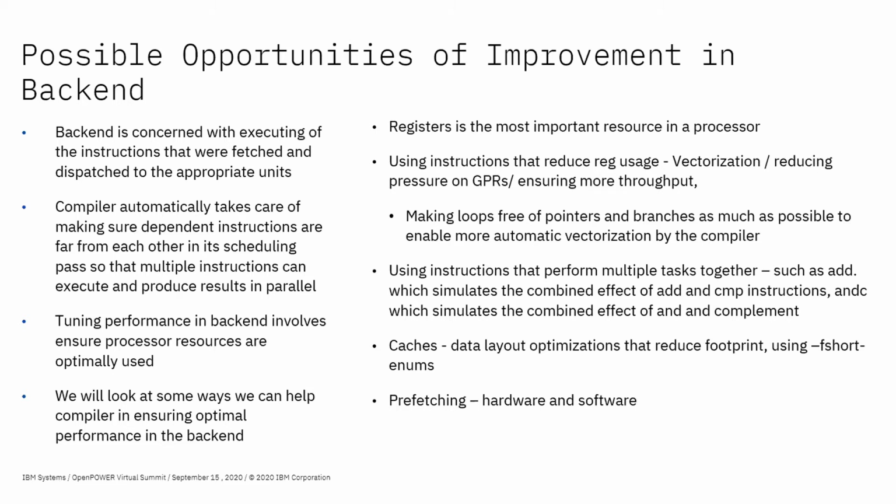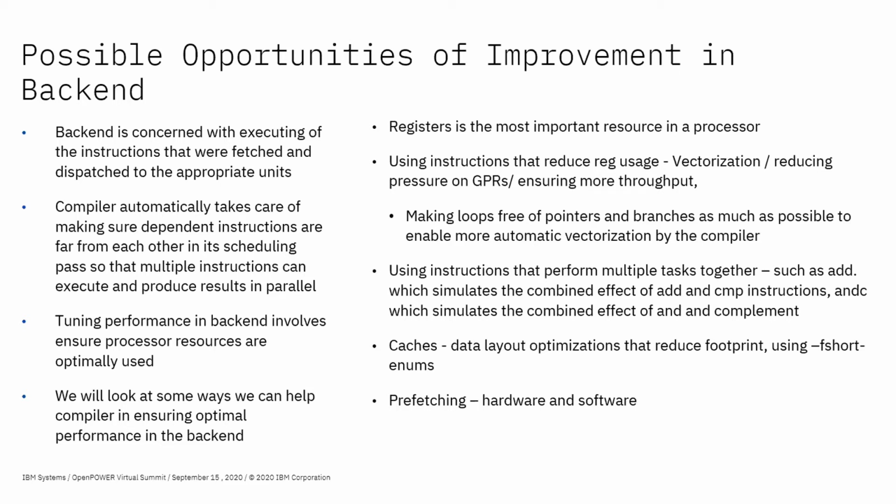So vectorization definitely helps. Further, if your code is very simple and it's free of pointers and convoluted branches, the compiler will automatically do this vectorization for you. But if your source code is very complicated, with pointers and branches all around, the compiler usually struggles to vectorize such loops, right?